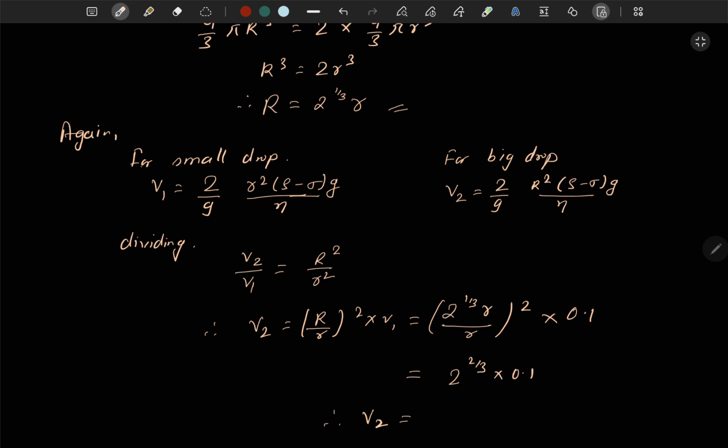Therefore v2 is obtained as 0.158 meter per second. This is the terminal velocity of the bigger drop after coalescence, and in centimeter, 15.8 cm per second.